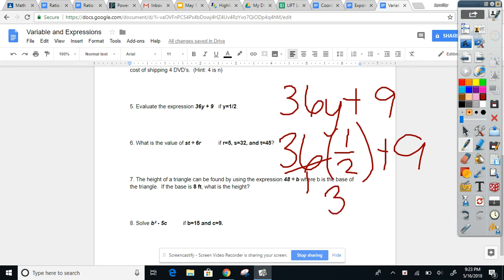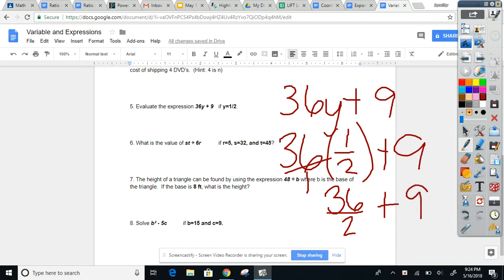If I multiply straight across, that's 36 over 2. So that shows me that if I multiply something by a half, it's the same thing as dividing it by 2. If I take 36 and divide it by 2, I'm going to get 18.